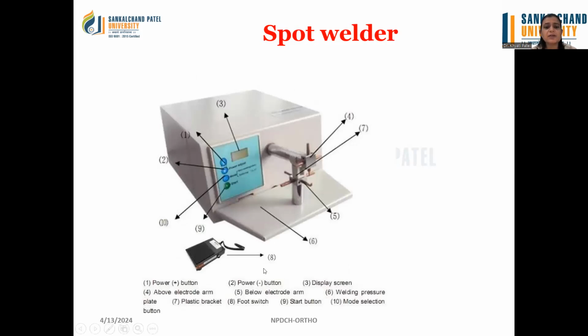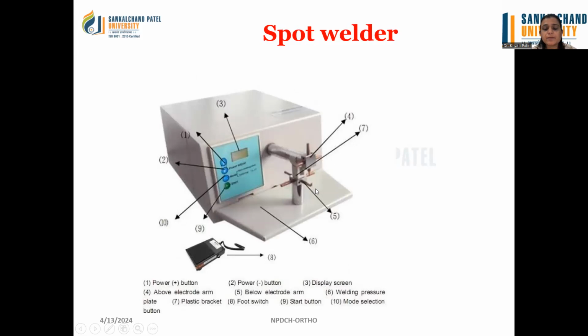So this is a spot welder which we commonly use while doing banding. You can see the different parts of the spot welder. Let's start with the first one. This is a power button which we use to turn the welder on and off. The second one is to decrease or increase the power value. The third one is a display screen over which we can see the timing and the value of the power. Then the fourth one, you can see the electrodes.